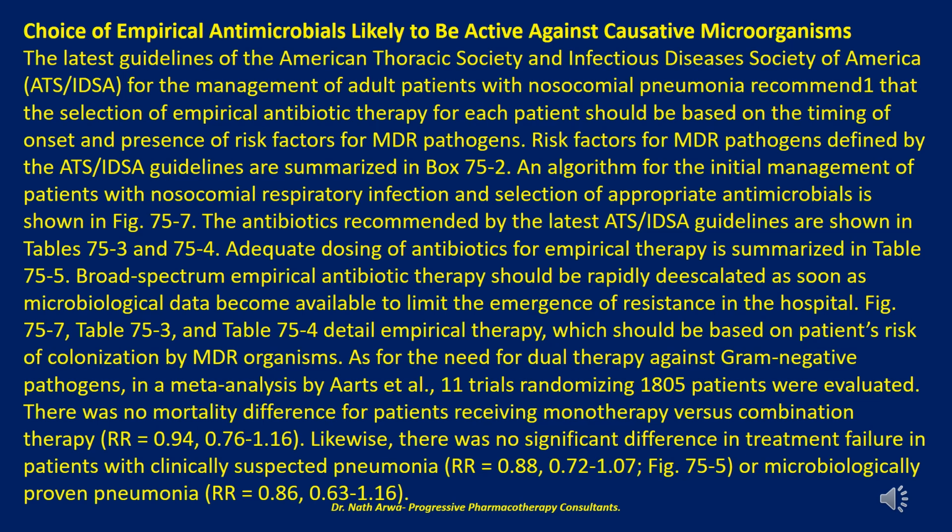Likewise, there was no significant difference in treatment failure in patients with clinically suspected pneumonia, RR equal to 0.88, with a 95% confidence interval of 0.72 to 1.07, Figure 75-5, or microbiologically proven pneumonia, RR equal to 0.86, with a 95% confidence interval of 0.63 to 1.16.